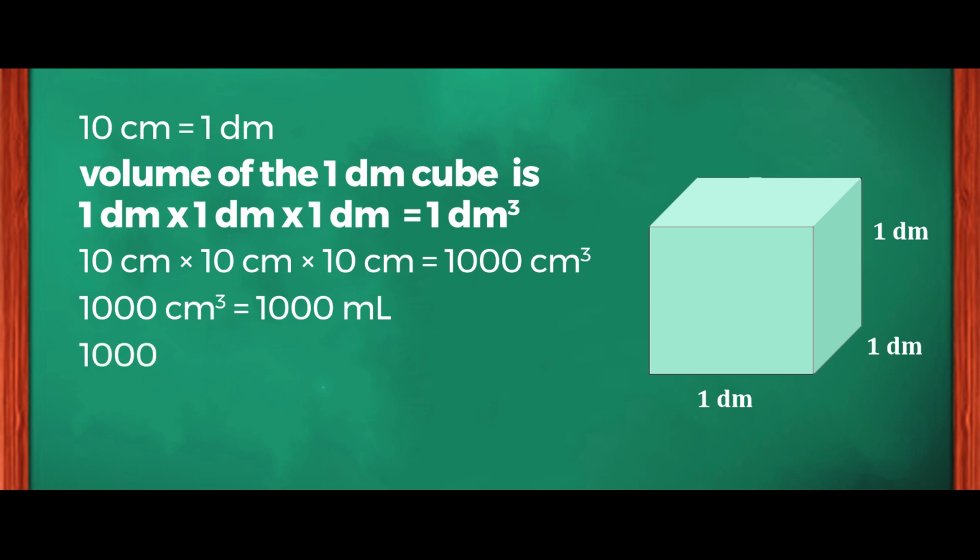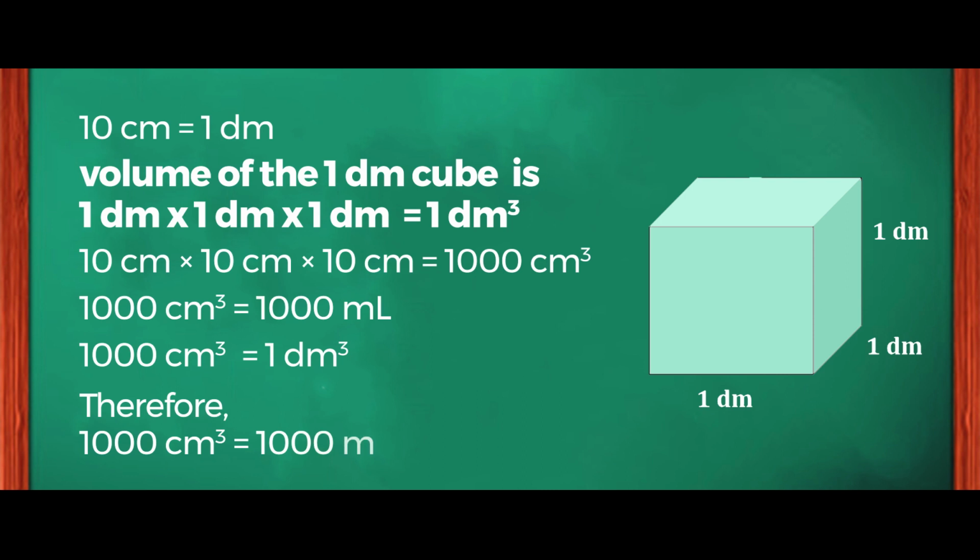You can find out that 1000 centimeter cube is equal to 1000 milliliter, and it is also equal to 1 decimeter cube. Therefore, 1000 centimeter cube is equal to 1000 milliliter, that is equal to 1 liter, and it is also equal to 1 decimeter cube.